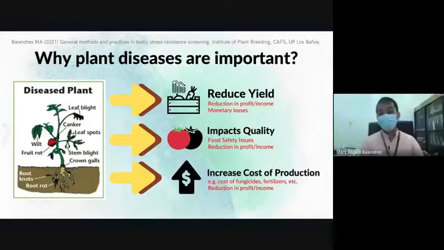For instance, fruit anthracnose has an impact on the marketability of your fruit, and it also has an effect on food safety, because once the fruit is infected with a disease, it opens up to a whole bunch of opportunistic pathogens like bacteria and fungi that could produce mycotoxins, and mycotoxins are carcinogenic chemicals or metabolites that, when taken in a significant amount, could cause cancer. The last one is that it could increase the cost of production in your field.